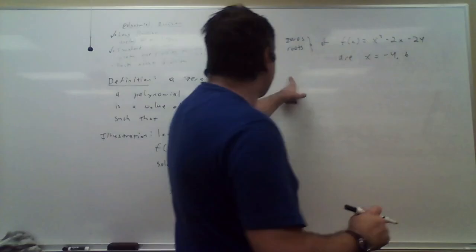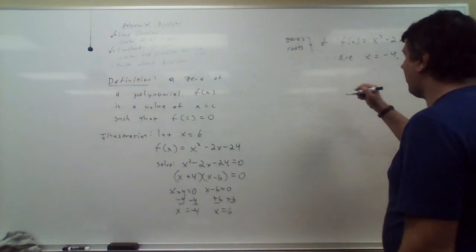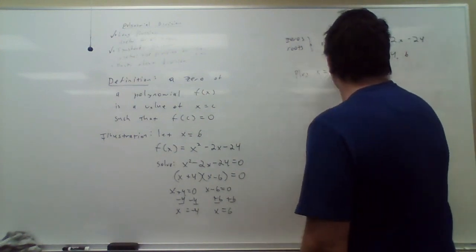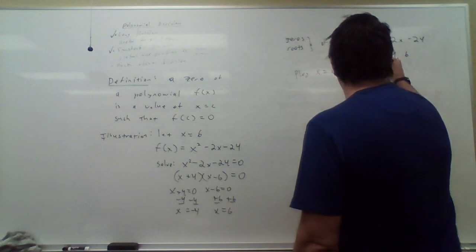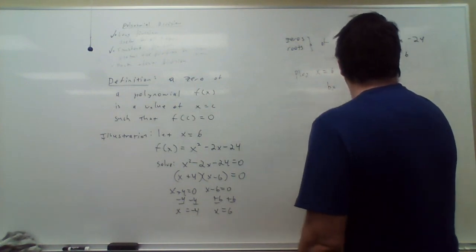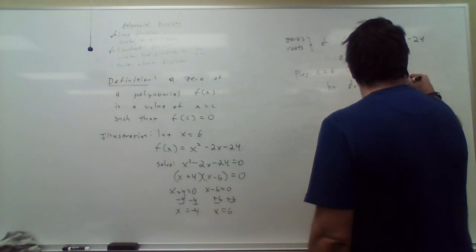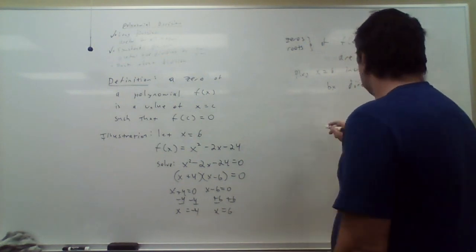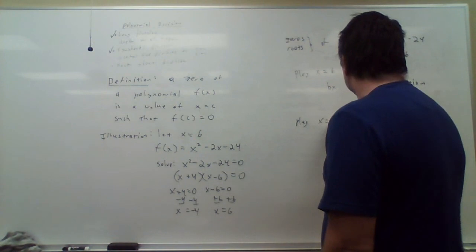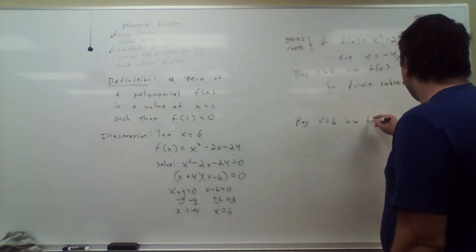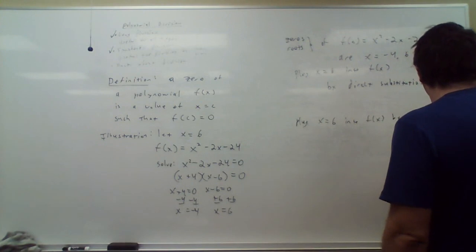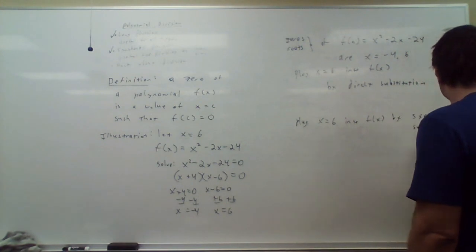Now, look at what happens if I plug x equals 6 into f of x by direct substitution, and plug x equals 6 into f of x by synthetic substitution.